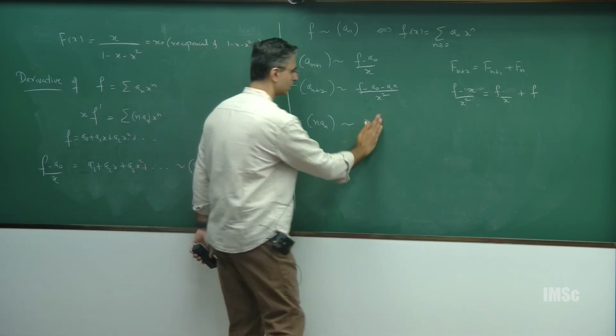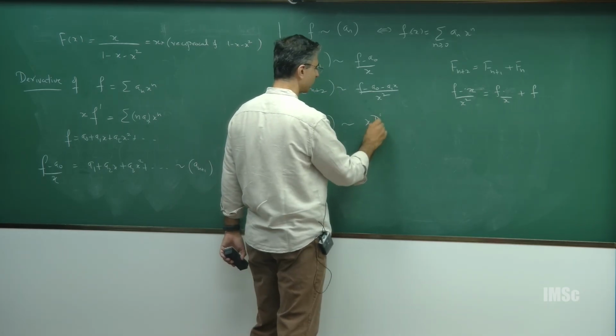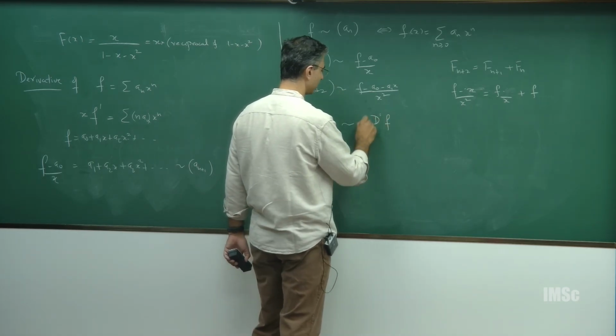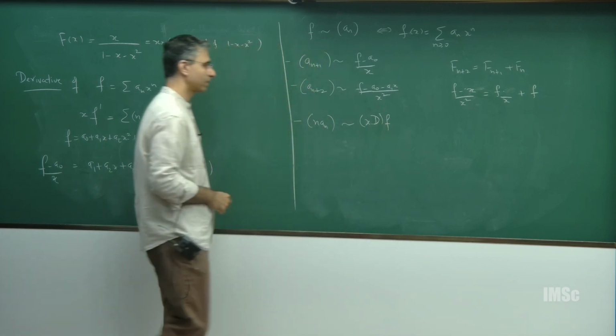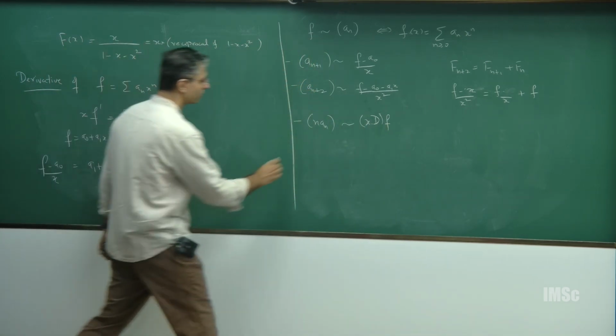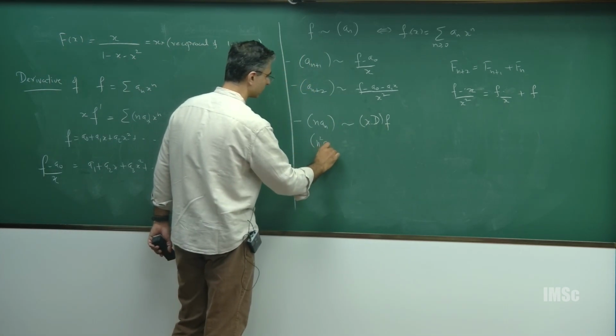Let me write it like this. Treat derivative as an operator. So, x d times f. What about n squared times a n?